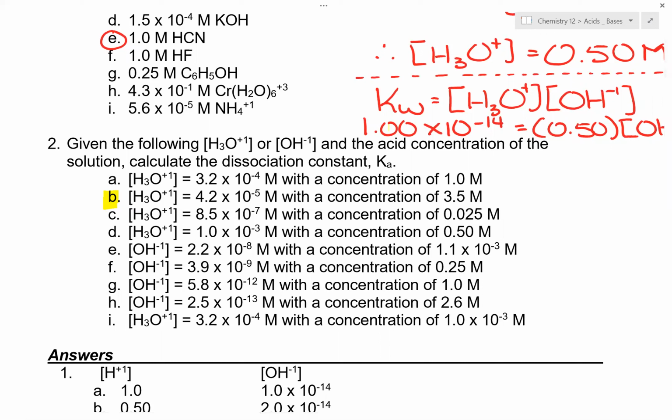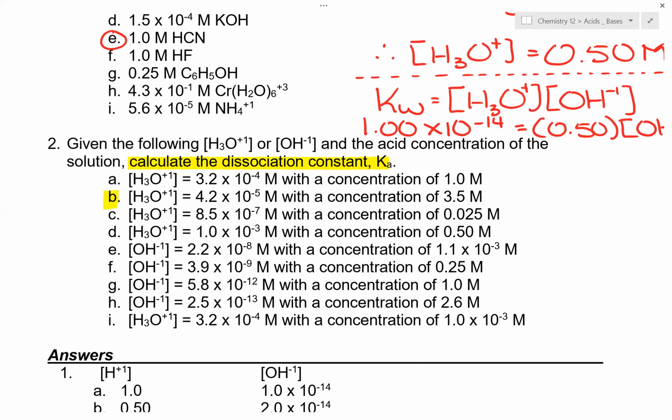Now, this acid is a weak acid. Why? Two reasons. Number 1, you're asked to calculate the dissociation constant, Ka. Recall, Ka only applies to weak acids or something in equilibrium.